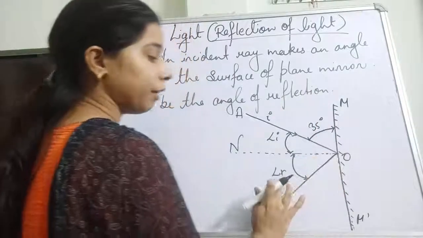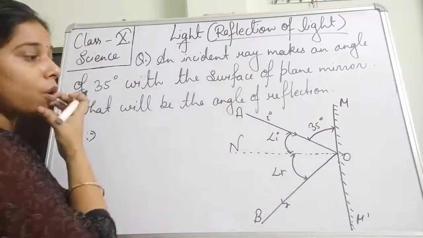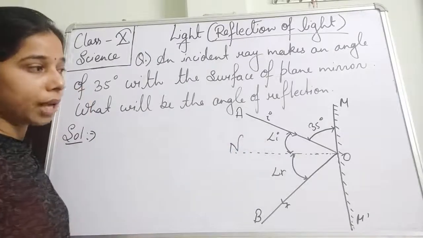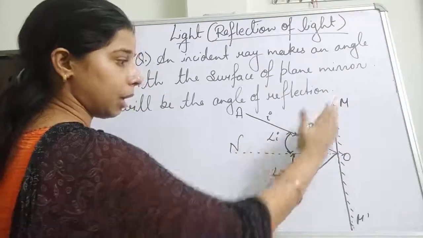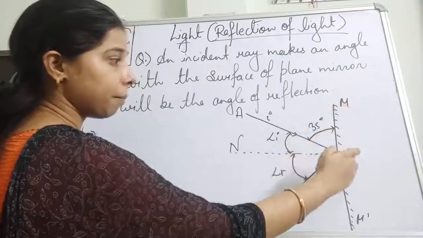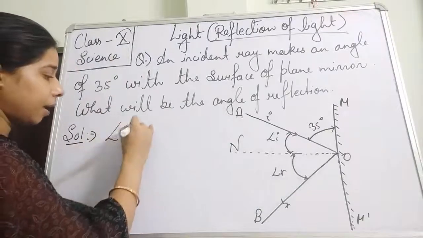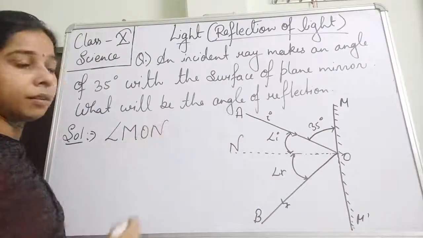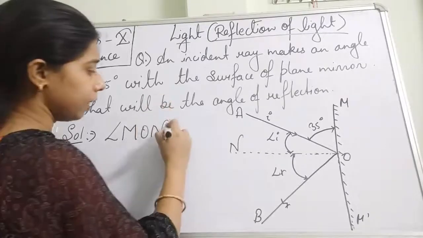What we have to find? We have to find angle R. Now if you look at this diagram, angle MON will be equal to 90 degrees, right?